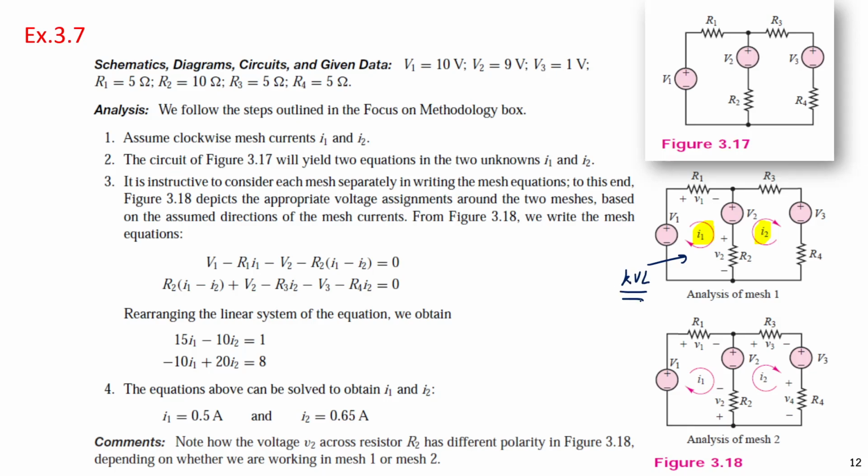Let's see KVL for mesh number one. This is positive value, right? Positive, negative.